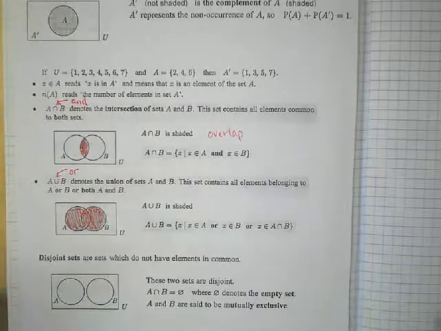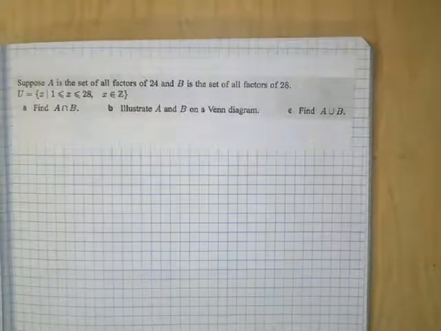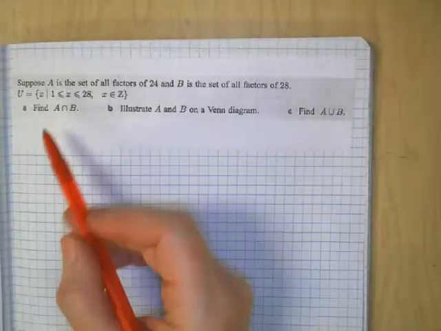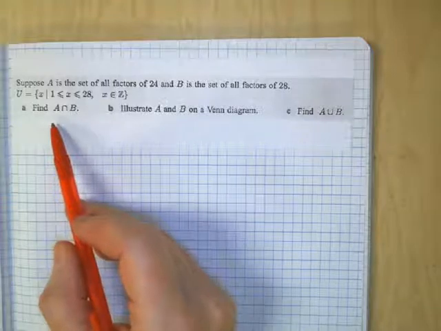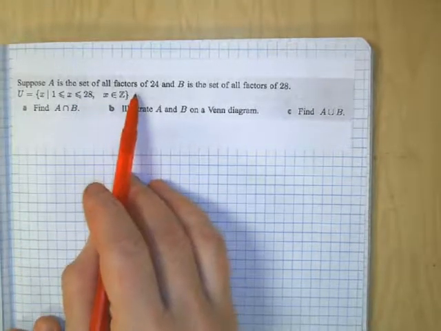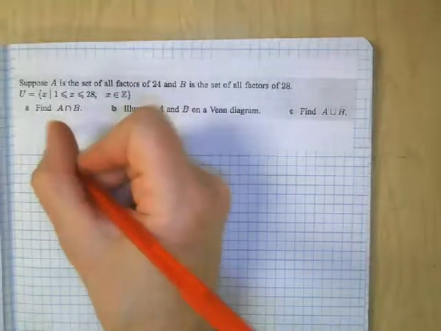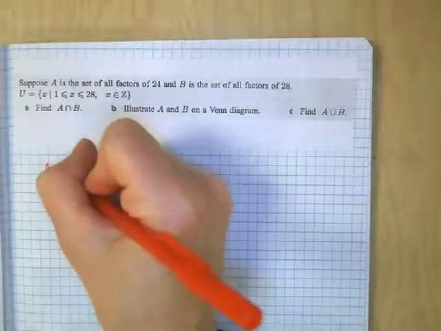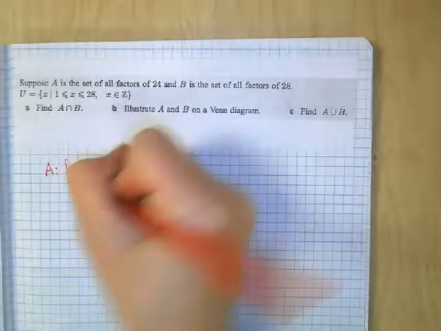The example that I want to do, and I'm already almost at 5 minutes, sorry, is I want to set up a Venn diagram, but I want to do it 2 different ways. So we're going to talk about the set of all factors of 24 and the set of all factors of 28. Our first event, A, is going to be factors of 24.